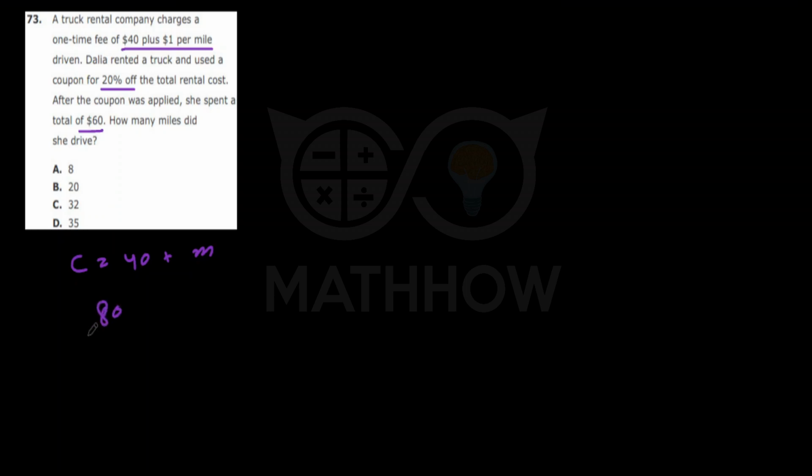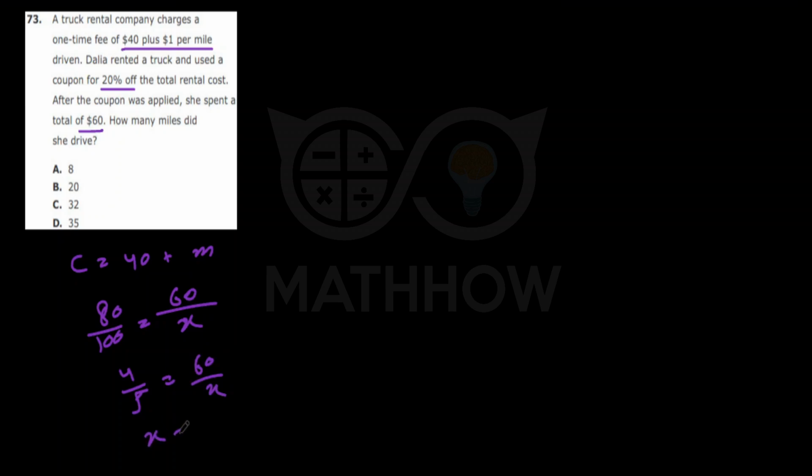So, 80% is equal to $60 divided by the total amount. That amount is unknown, right? We need to find that amount. Reducing this fraction, this will become 4 over 5 equals 60 over x.